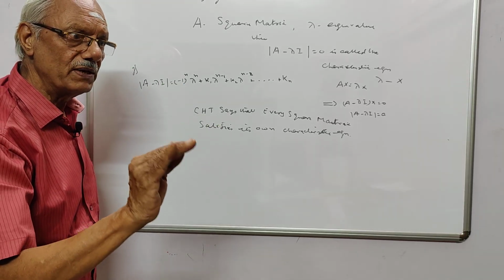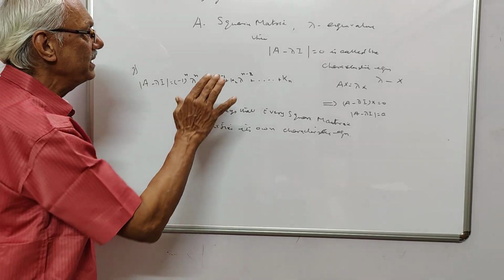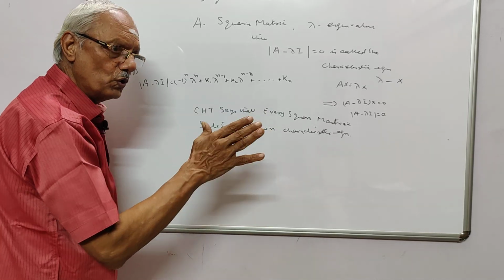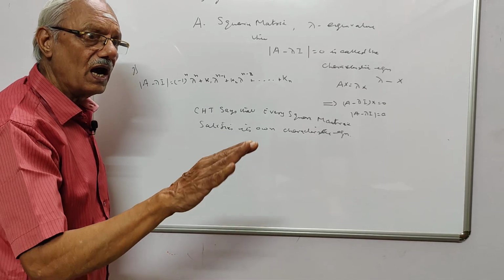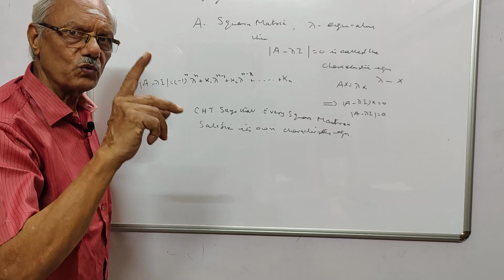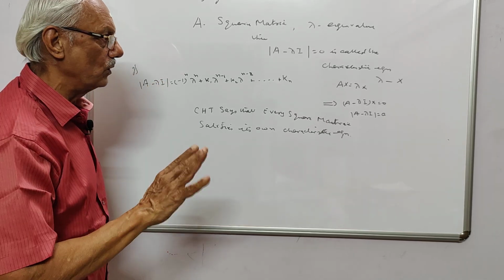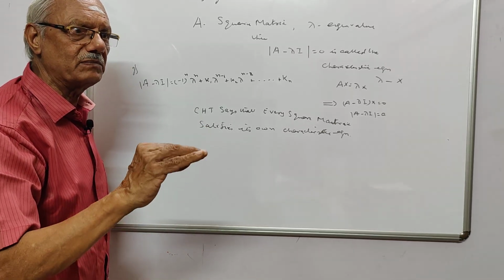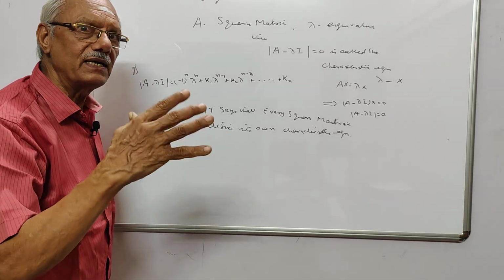So it is enough if they know the application of this Cayley Hamilton theorem to a square matrix, for verification and to find the inverse of a square matrix. So this is enough for the first year BE students. That's why, for the present, I am skipping the proof, but definitely it will be done in the coming classes.